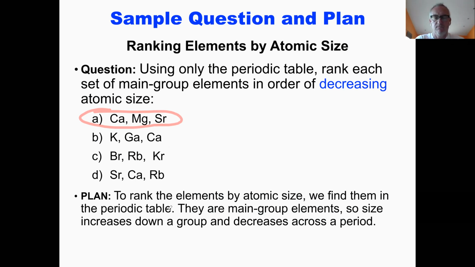I would think magnesium, calcium, and then strontium. So magnesium's the biggest, and then, no, sorry, magnesium being the smallest. Oh, the smallest. Okay. So strontium being the biggest. Yes, strontium the biggest, and then calcium. And then why do you say that?